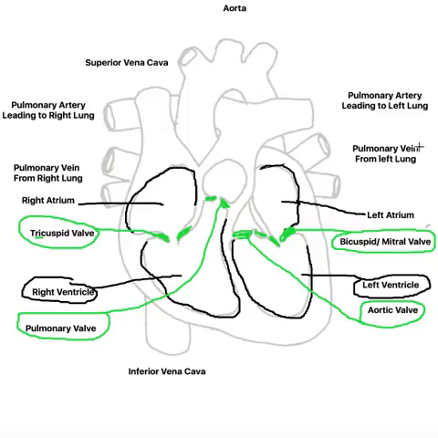Okay. Now, we'll have a look at some of the major vessels leaving or connecting to the heart. So we'll start with these. So the left pulmonary vein. Okay. So the pulmonary vein here is both of these two here. What they do is these pulmonary veins, they're connected to the lungs, and they carry oxygenated blood to the left atrium. Okay, but so does the pulmonary vein to the right lung.